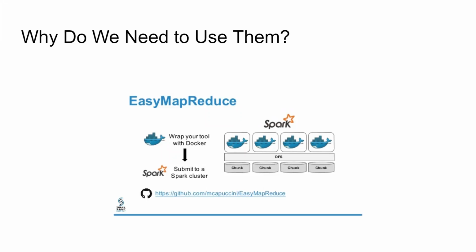It processes the big data, and you combine that with Docker, and Docker will work with the distributed file system to run your application using Spark. That's MapReduce, easy MapReduce. I don't think we're going to really cover that, so you can ignore that. But that's how Spark and Docker work together.